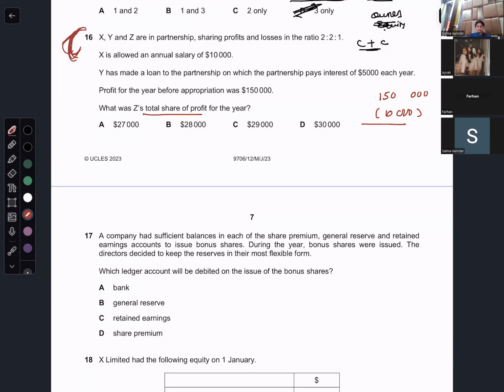Then Y has made a loan to the partnership on which the partnership pays interest of 5,000. So we'll add 5,000. Why?